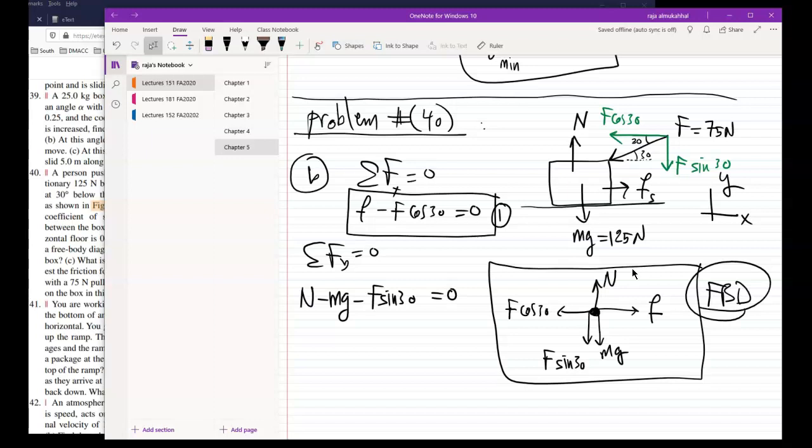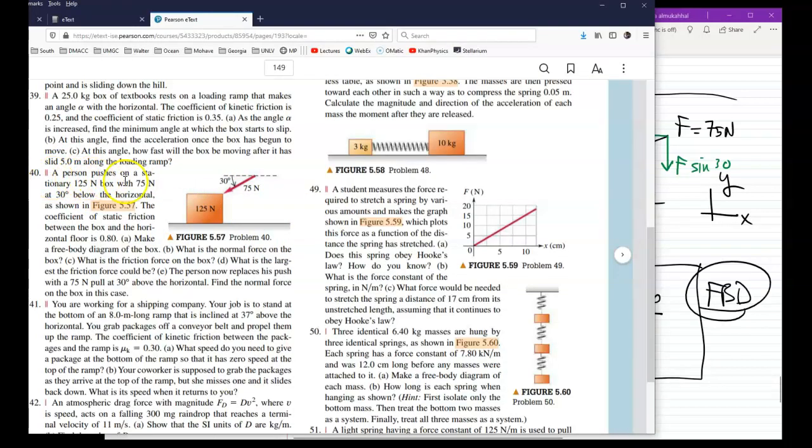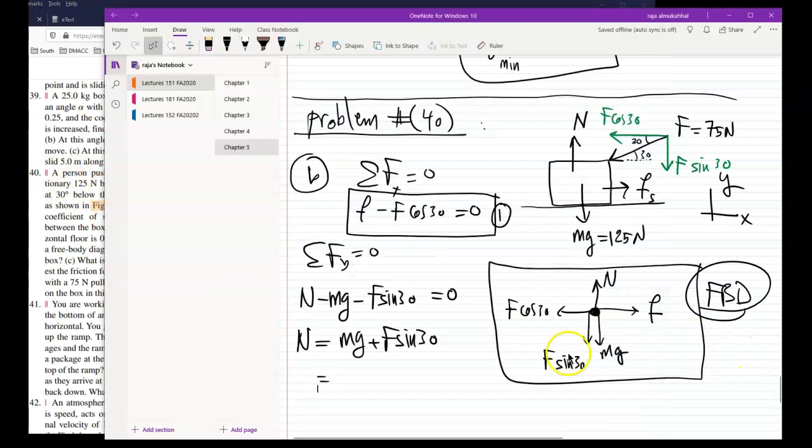And then he said, what is the normal? Well, here it is. N equals mg plus F sine 30. And guess what? I think I got everything. Here, plug it in. He said the weight is 125, right? So mg is 125. So that's going to be 125 plus F is 75 times sine 30 is half.